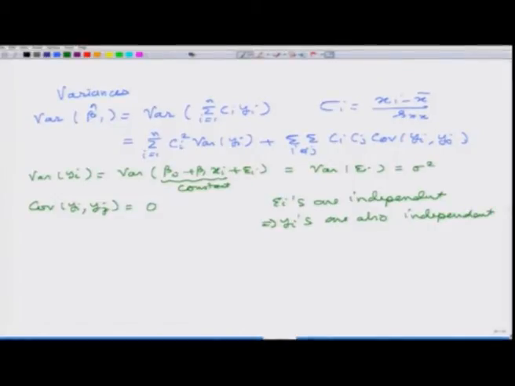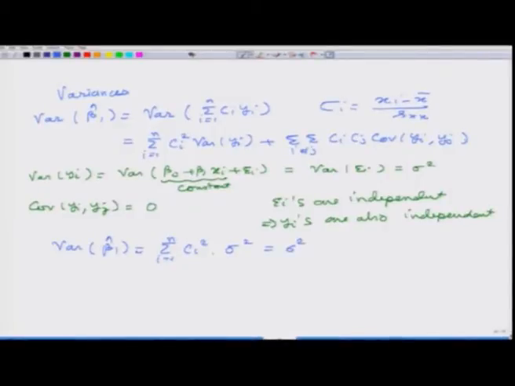So I can write that the covariance between y i and y j is 0. So the variance of beta 1 hat becomes simply the summation i goes from 1 to n c i square times sigma square.